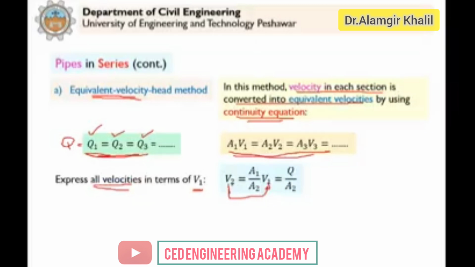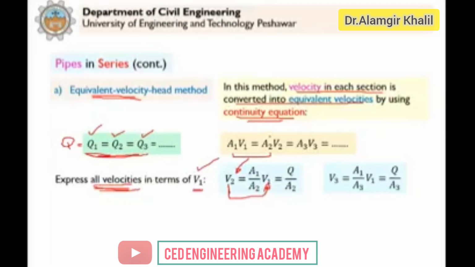You can see here, this V2 is now expressed in terms of V1 using the continuity equation. When I compare these two here, this is what we get: V2 in terms of V1, clear? Because we say to express all the velocities in terms of V1.